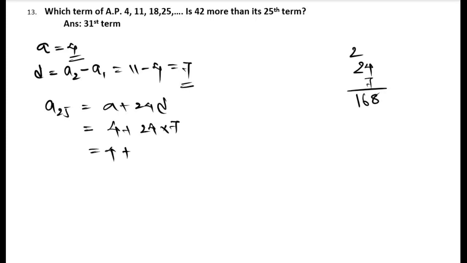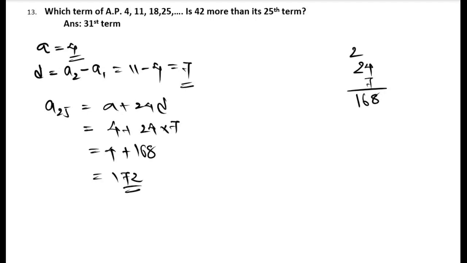168 plus 4 is 172, right? So that is the 25th term. Now if you add 42 to the 25th term, you will find the term which is required.